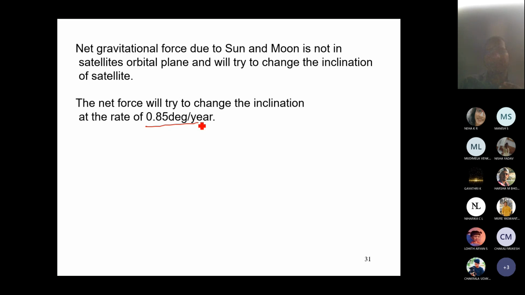So in a year there is an approximate change of 0.85 degree in the position of the satellite. It will change either 0.85 degree north or 0.85 degree south. Like this, the position of the satellite, either towards upward or towards downward, will change.